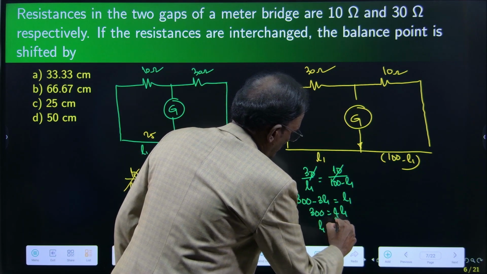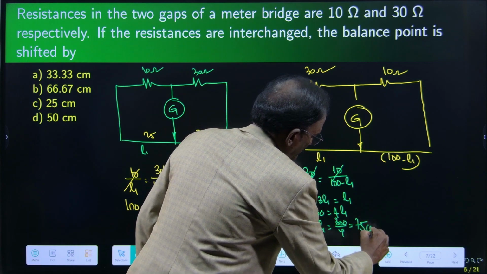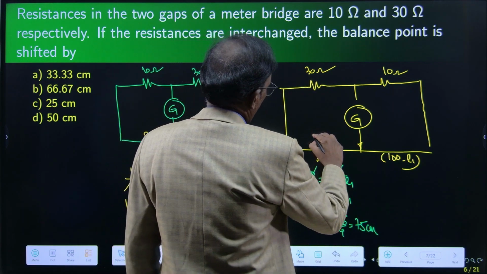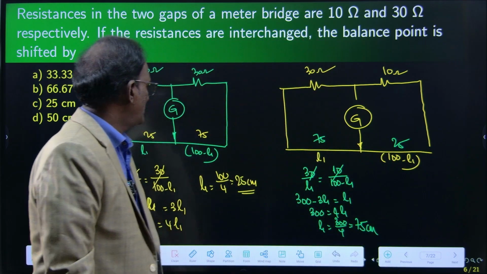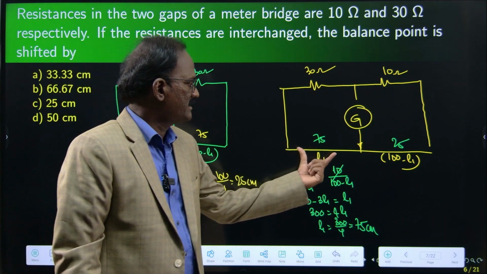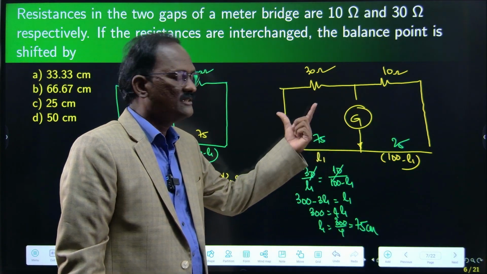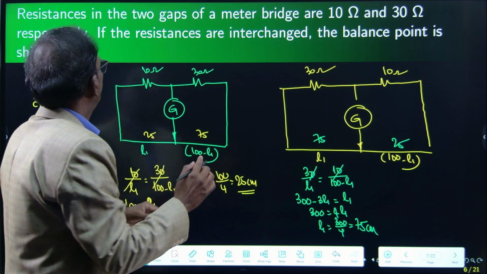The L1 is equal to 300 divided by 4, 75 centimeter. In the first case, L1 is 25. In the second case, L1 is 75. So the jockey point has moved by 50 centimeter.